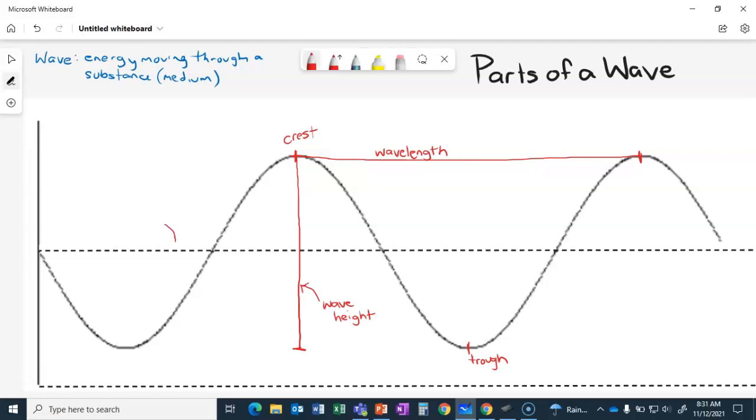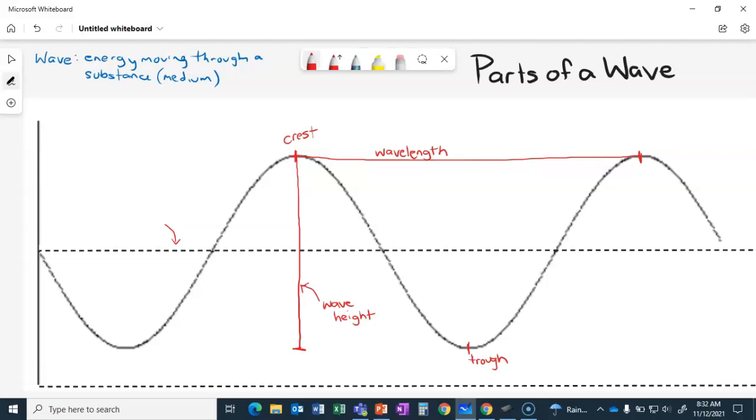We also have a name for, we'll put it over here, this dotted line right here. Now, this particular name is fairly unique to the ocean. This line would have a different title depending on what kind of wave you're talking about. But in this case, I'm talking about ocean waves.